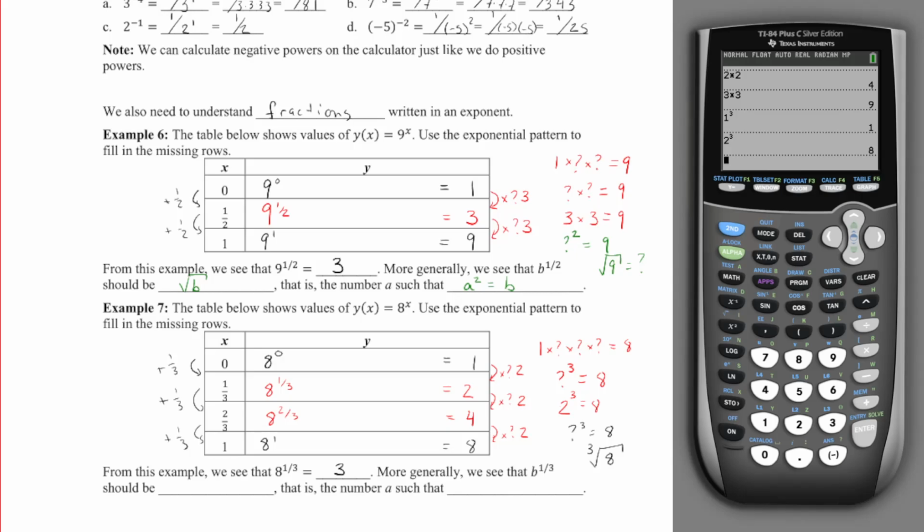We see that any number b to the 1/3 power should be the third root of our number. In other words, the number a that, when we raise it to the third power, we get b back. And so that gives us a definition for fractional exponents, at least fractional exponents in the form 1 over something.